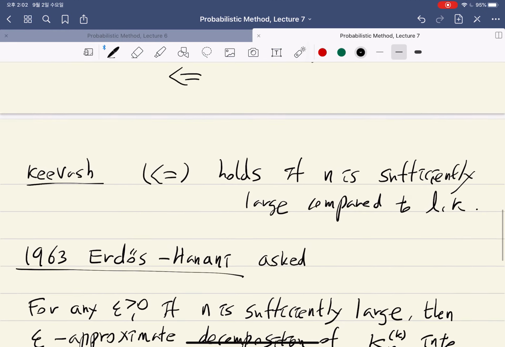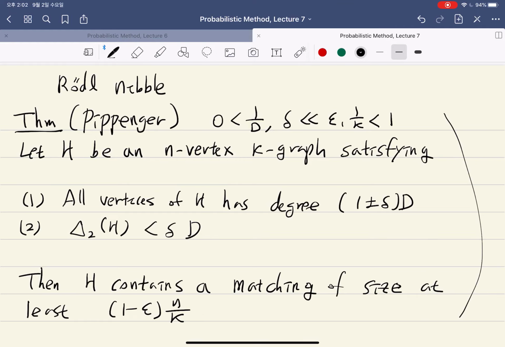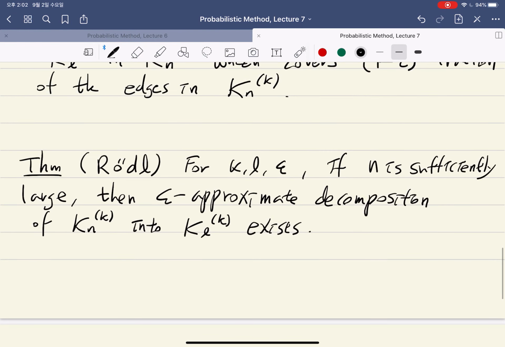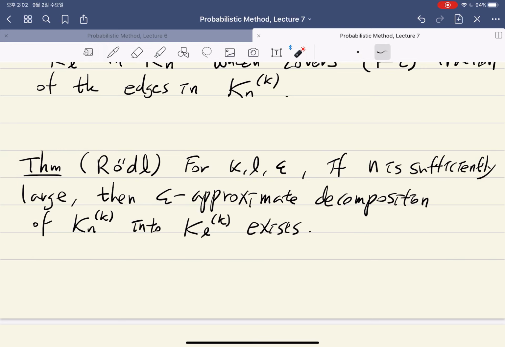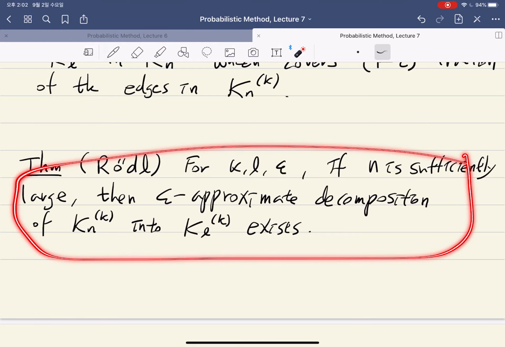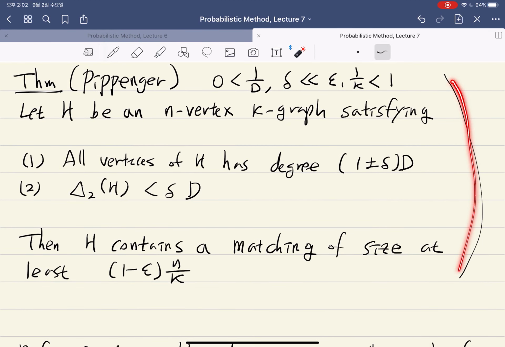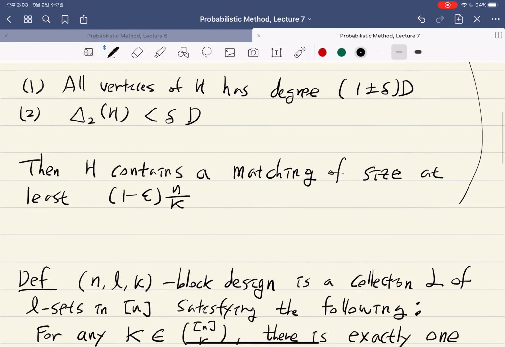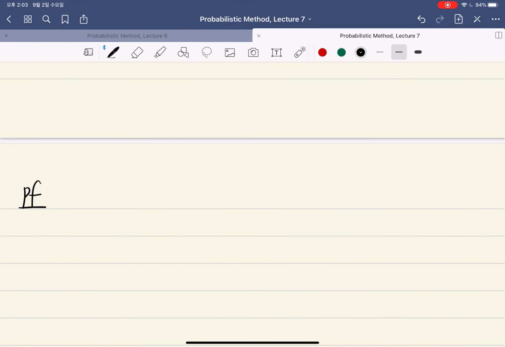So we use Pippenger's theorem to prove this. Historically, the order is the other way around. Rödl actually proved this using the Rödl nibble, and whatever that method is, I will show you later. Then later Pippenger noticed that what essentially is going on in Rödl's proof can be captured by the language of hypergraph matching, and formulated the theorem regarding hypergraph matching in that way.